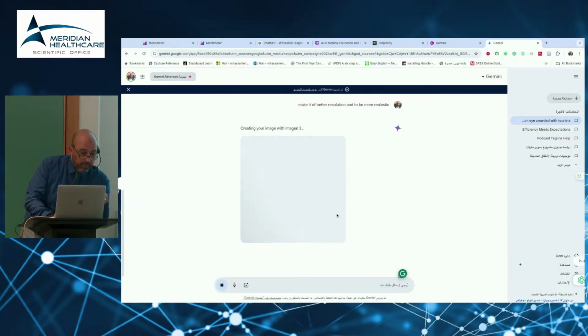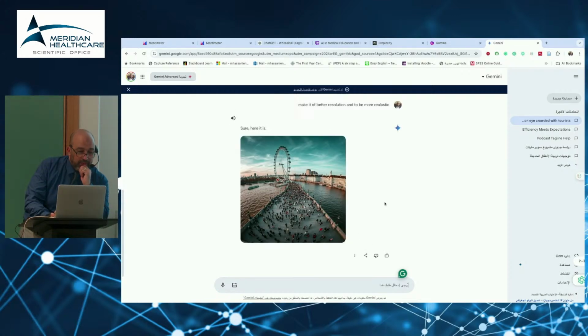So this is Gemini. Let's try it again, much better or even better, right? So this is how to change the prompt to improve the output, and you need to reiterate and refine till it is okay and you are happy with it.